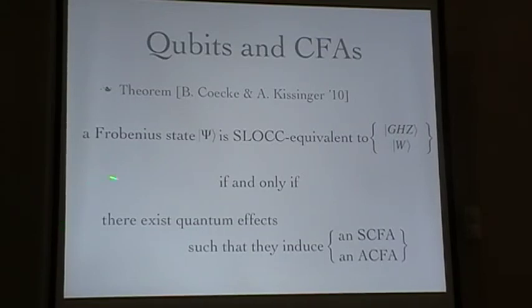A Frobenius state is SLOCC equivalent to GHZ state if and only if there exist quantum effects such that they induce an SCFA. The same thing can be said between W state and an SCFA. By this theorem, two SLOCC equivalent classes of tripartite qubits can be characterized using this graphical expression of these classes of CFA.